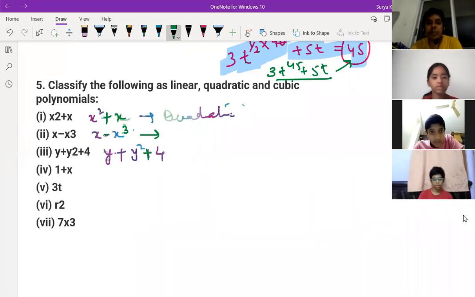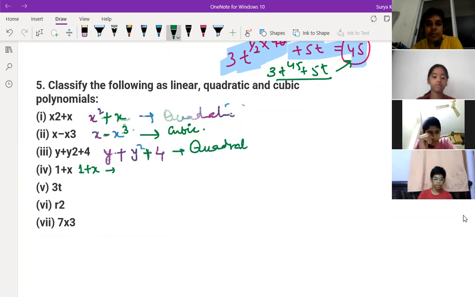Yeah, x minus x to the power 3. Which polynomial is this? Is it quadratic? What is a quadratic polynomial, Shriyanvi? I mean cubic, sir. Cubic. Yeah. Satvik, third one. Sir, it's quadratic. Yeah, why is it quadratic?